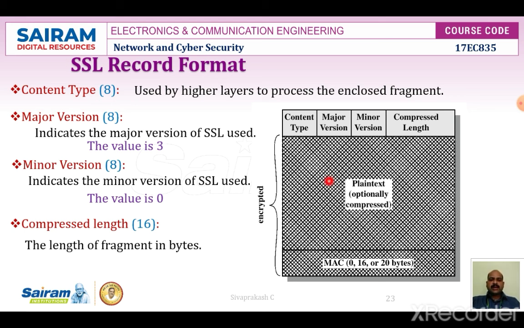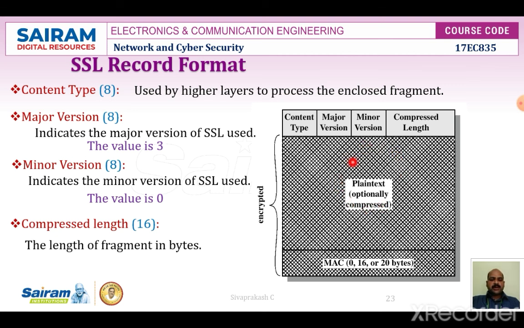This is a record format consisting of all the data: the MAC data of 16 or 20 bytes, content type, major version, minor version, compressed length, and the plain text, which is compressed data.